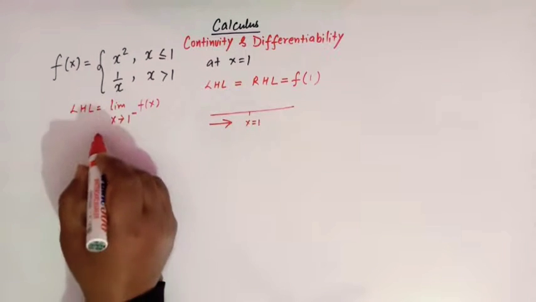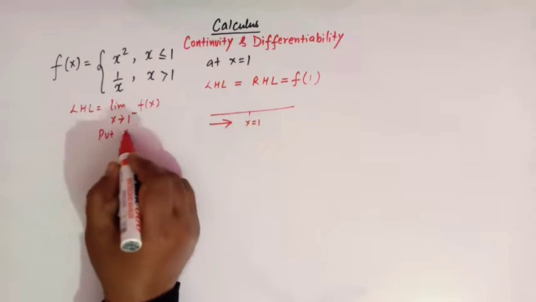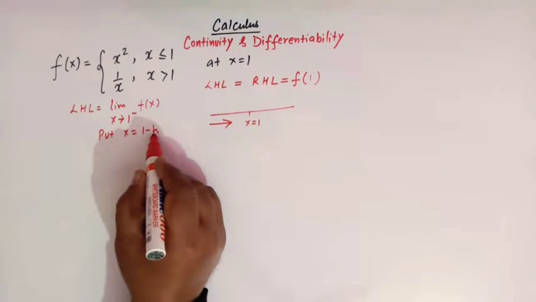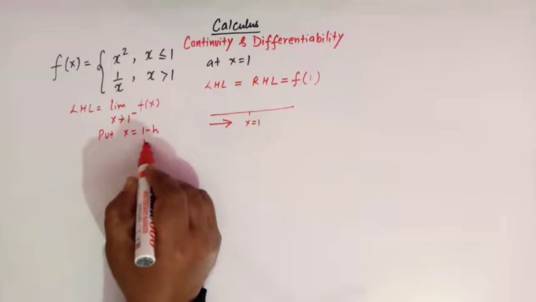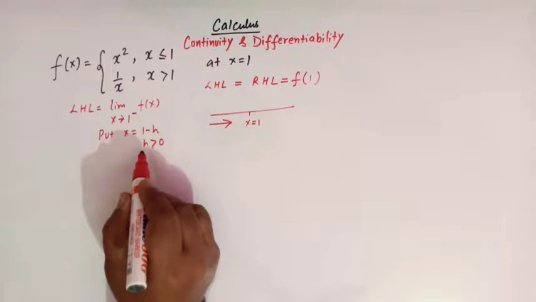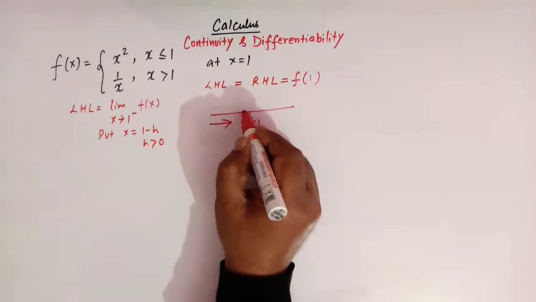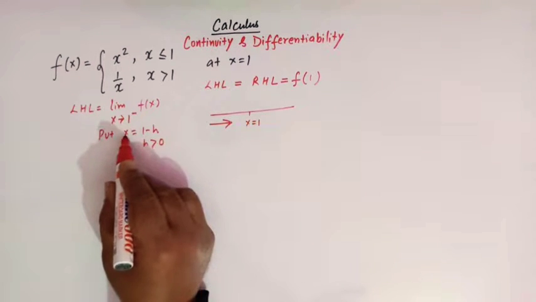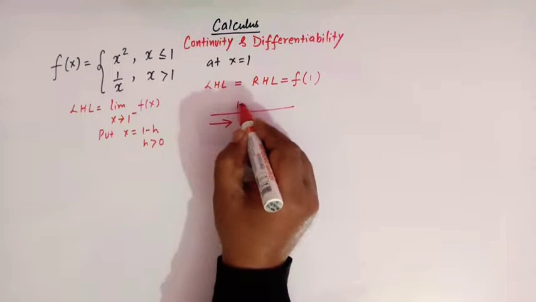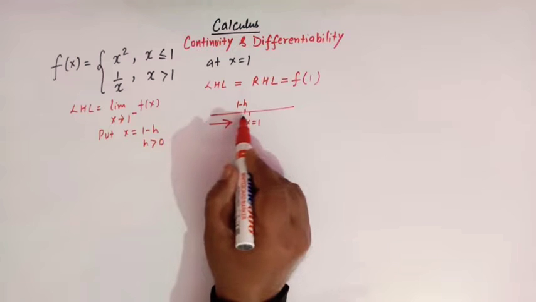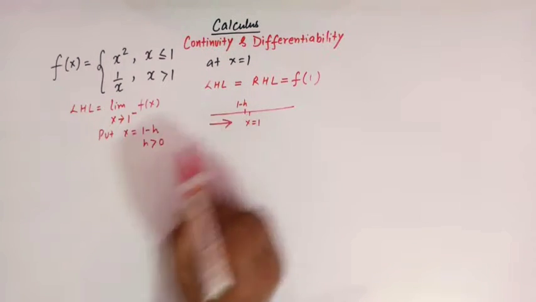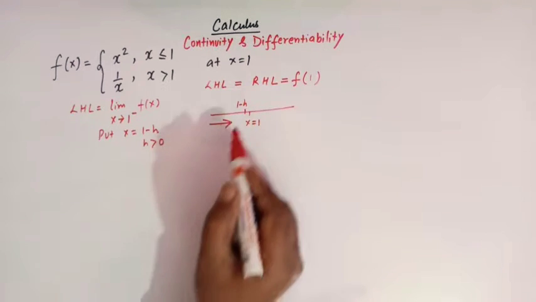So here we'll put x is equal to 1 minus h. Here h is a very small quantity, but h is greater than 0, it means h is a positive quantity. So x is equal to 1 minus h lies very near to x is equal to 1, but to the left of x is equal to 1.